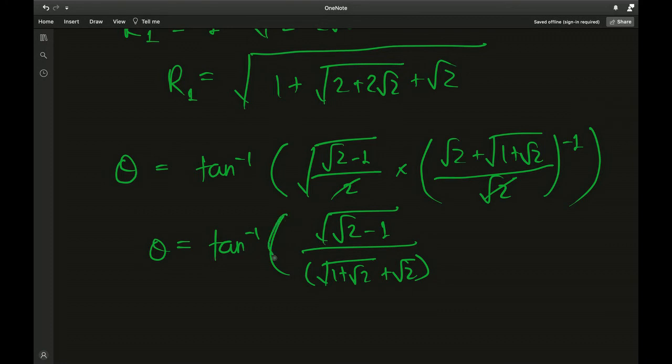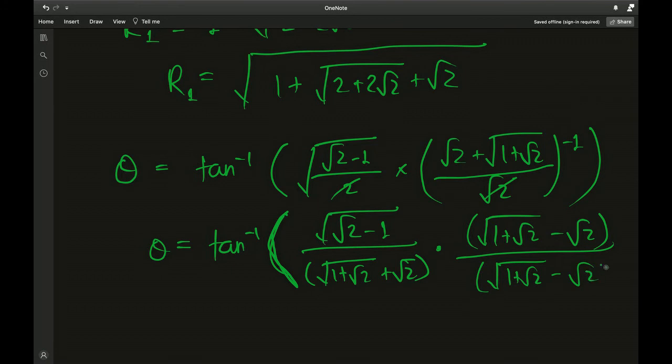Now looking at a denominator which has a lot of these nested radicals, I would actually want to rationalize this. So multiply by square root of (1 plus square root 2) minus square root 2, divided by the same thing.